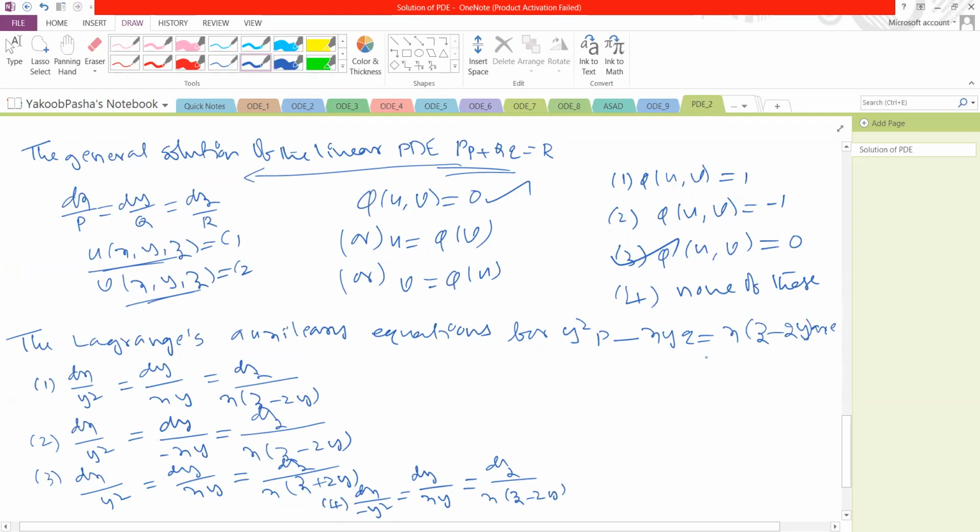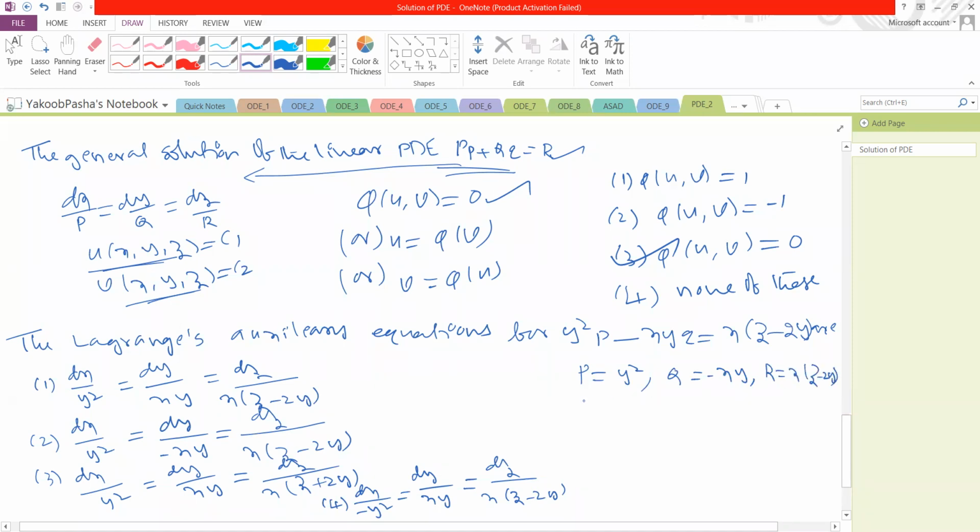First, we have to compare the given differential equation with Pp plus Qq is equal to R. So here P is equal to y square, Q is equal to minus xy, and R is equal to x into z minus 2y.